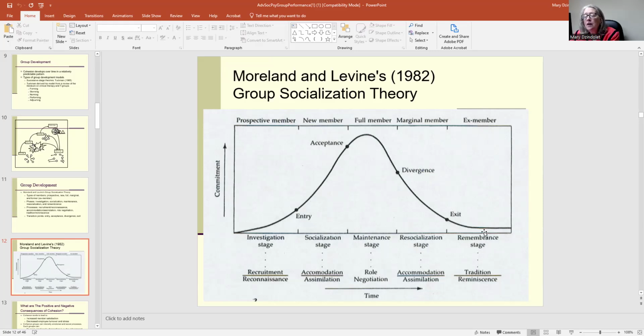The stage where everyone is now is the remembrance stage, where the group has this tradition of, there used to be this person who was part of our group, and this is what they did. And the former member has this reminiscence, these memories of, I remember what it was like to be part of that group, and I've moved on since then.